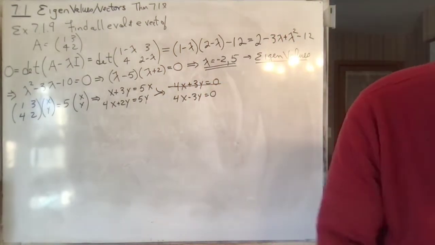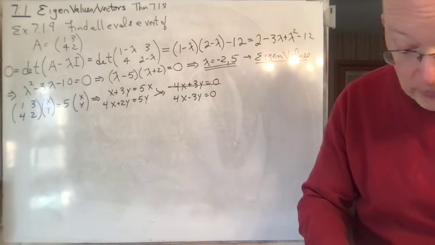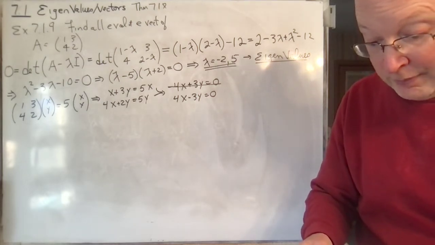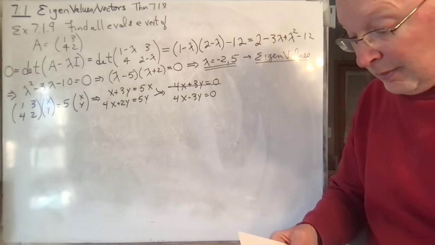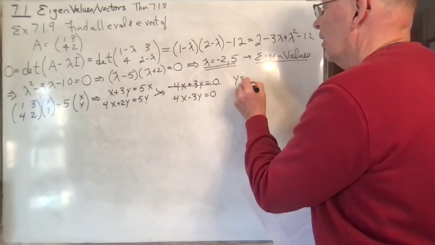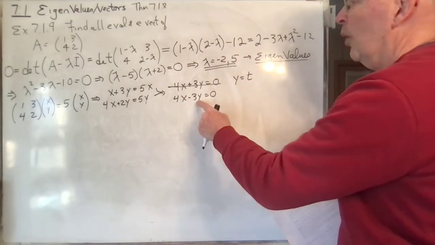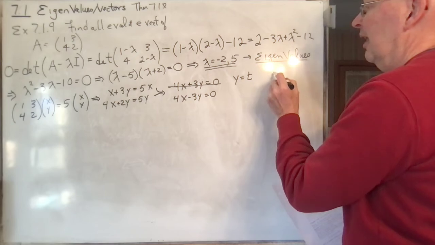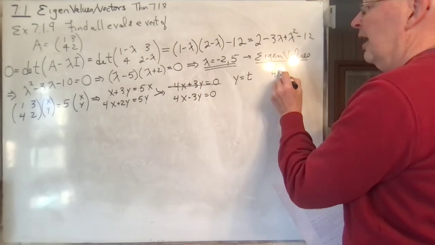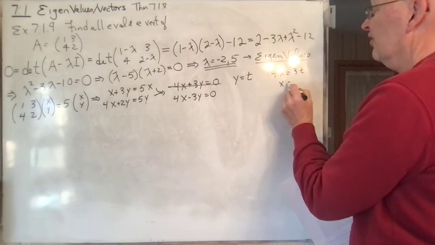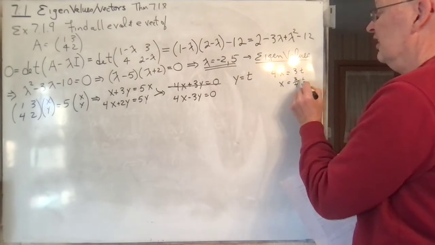And I'm going to do it the same way I did here. I'm going to let y be equal to t. And if y is equal to t, then what will x be? Then I get 4x is equal to 3t, and so x is equal to 3/4 t.